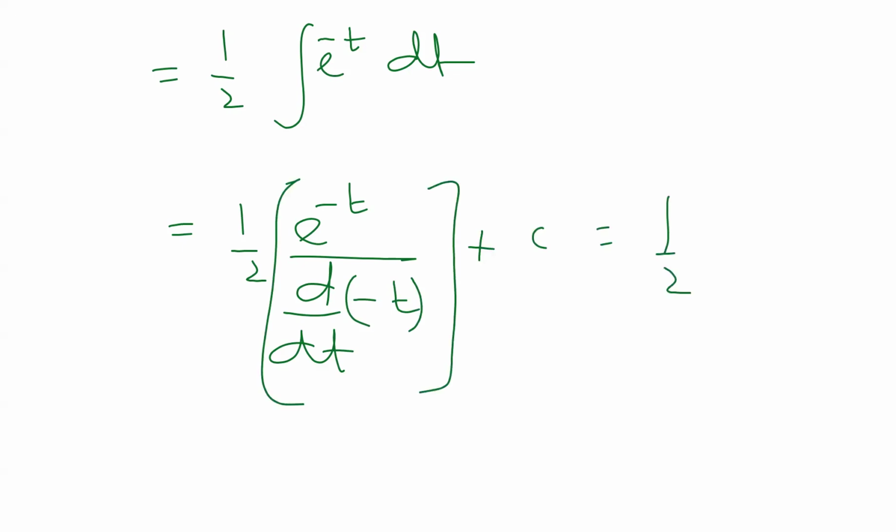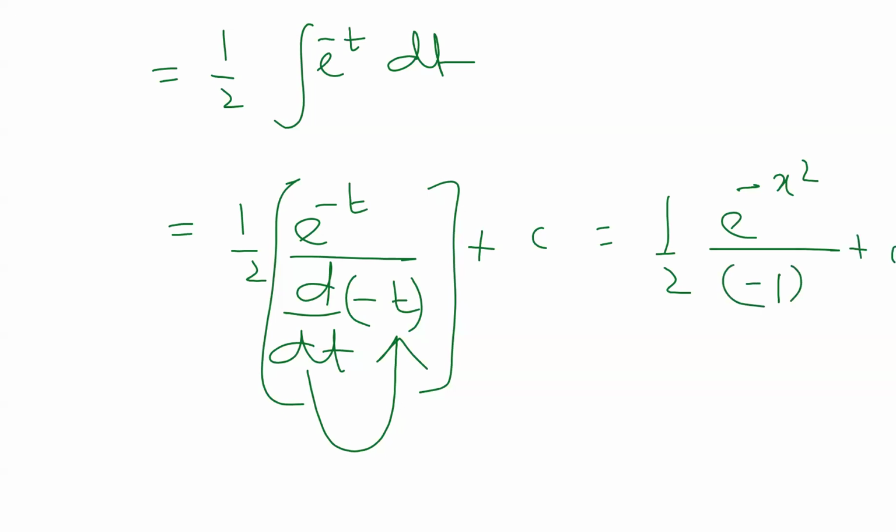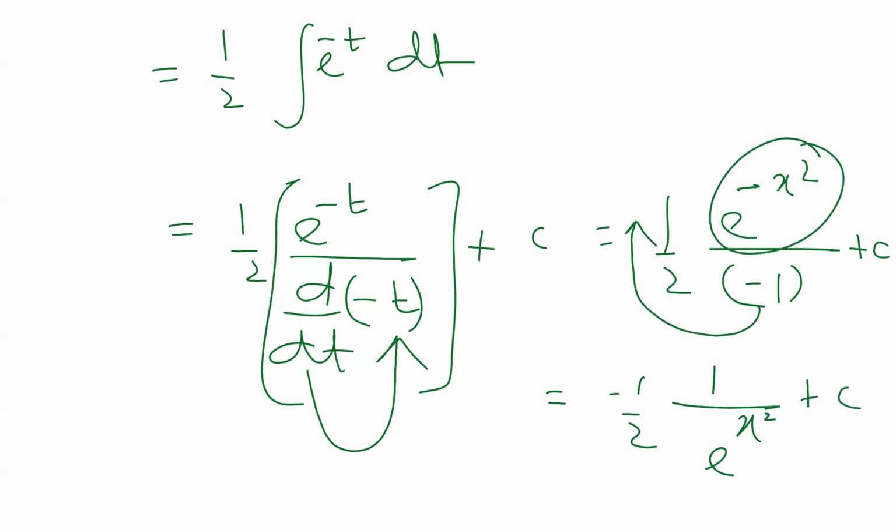So half e raised to minus t, t is x square, and d by dt of minus t is minus 1. Okay, so minus half, this minus will go up, and e raised to minus x square, 1 upon e raised to x square. This should be your final answer. Fine. Okay, thank you.